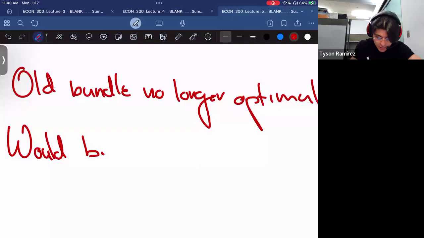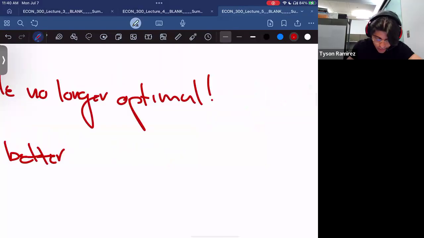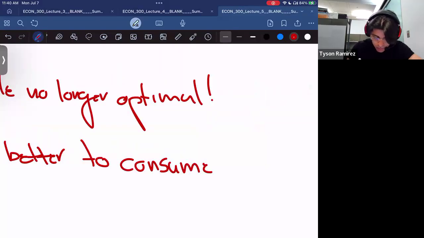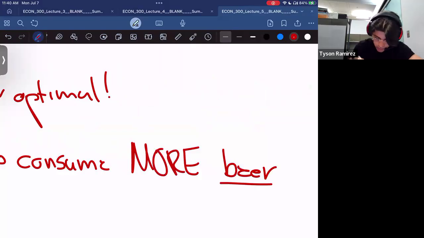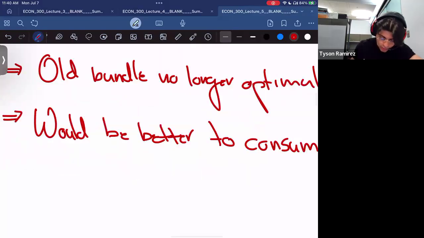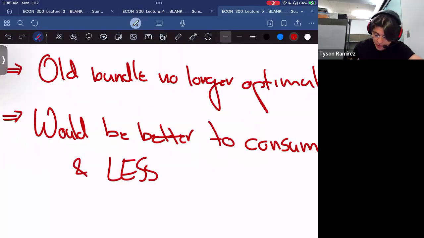In this case, that would be beers. And of course, consequently, that means fewer tacos.